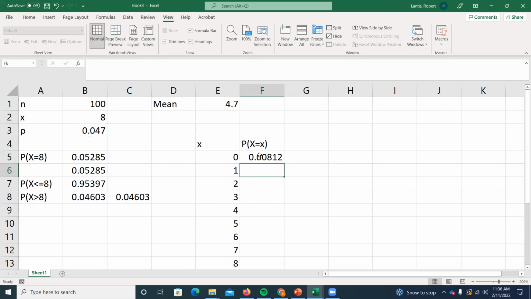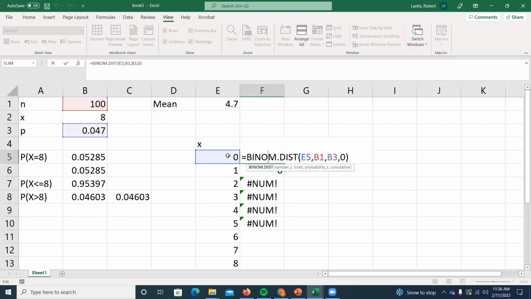So I hit enter. Well, I want to copy this down, but if I do that, I have a problem. I just want that X value to update. The number of trials and the probability of success aren't changing at all. So I'm going to press Command T or F4 after selecting those and freeze those cell references.